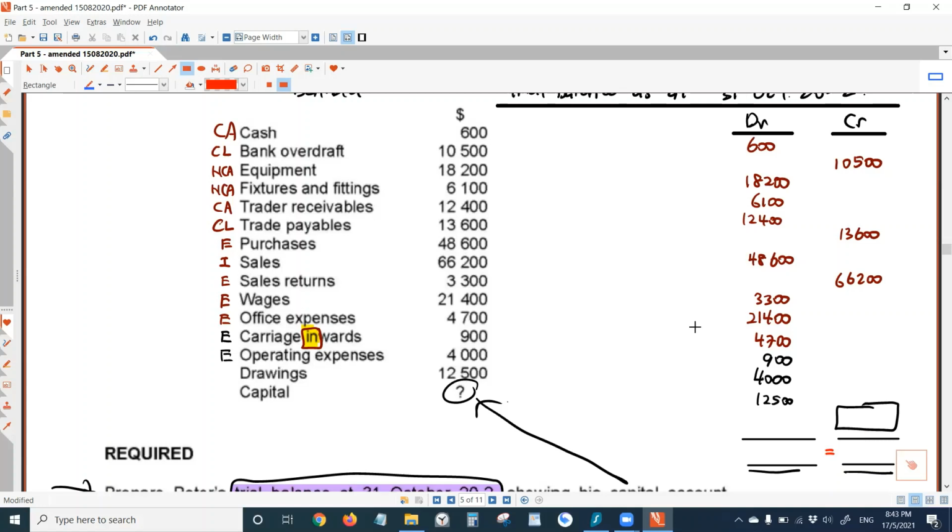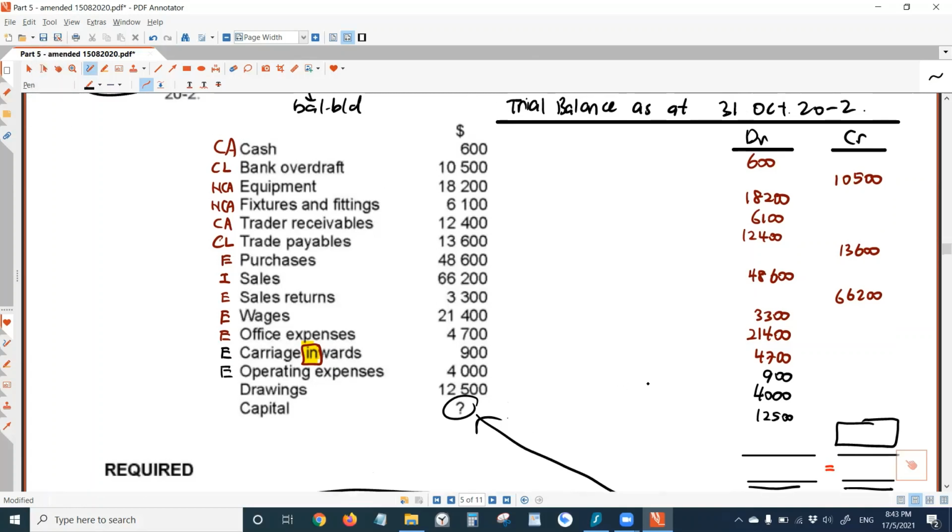Okay, I wait for you. I got a number here. When you have totaled up the debit column, you tell me the total. Anyone? Have you found the total debit?